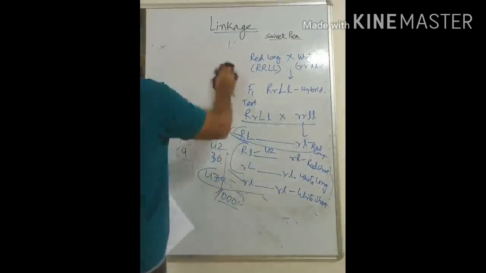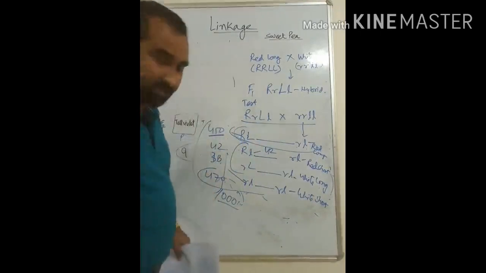So how to calculate the frequency of recombination?